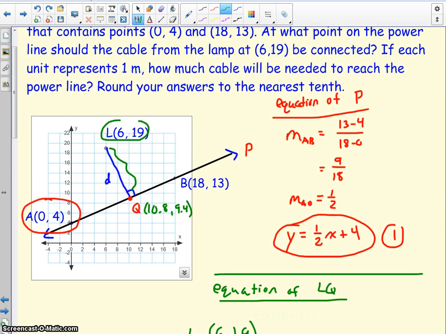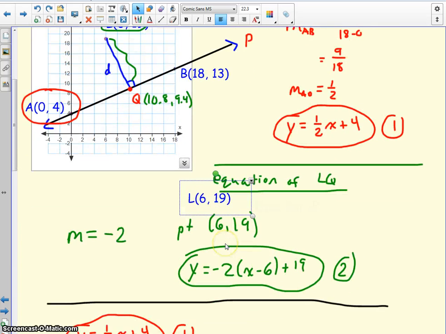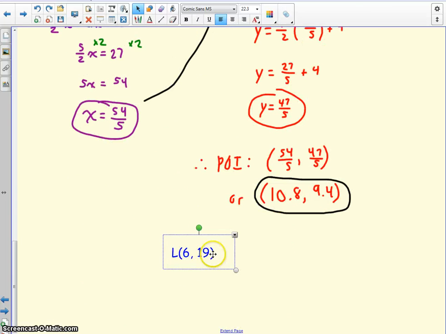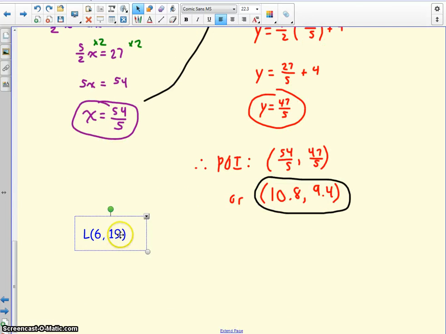I need to find that distance still. So one last step left. I need to find the distance between the point L, which is (6, 19), and my intersection point at (10.8, 9.4). So I'll bring that down here and do one last calculation here on distance.